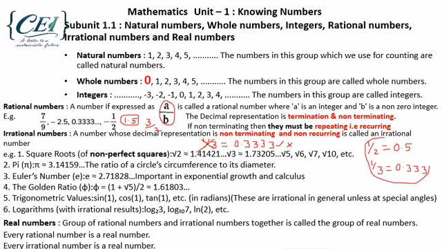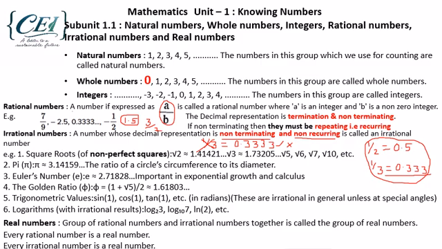But one more characteristic of a rational number is that if it is non-terminating, then it is repetitive or recurring. This repetitive or recurring character is not with irrational numbers. An irrational number is non-recurring, and it is non-terminating.